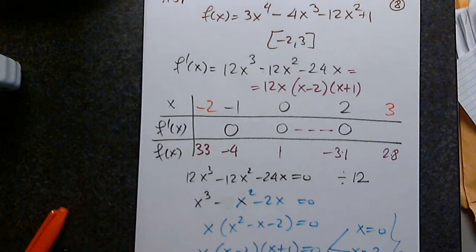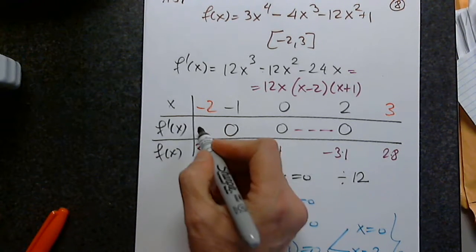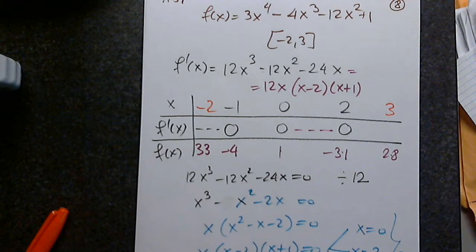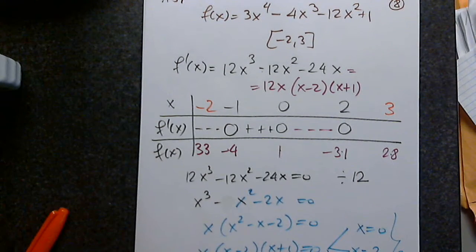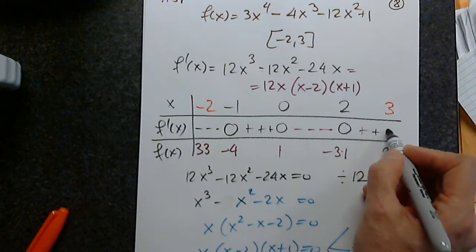Then I wanted negative 0.5. And I also wanted 2.5. So for negative 1.5, what is the sign of the derivative? That's all I care about. For negative 0.5, what is the sign of the derivative? And finally, between 2 and 3, at 2.5, the sign of the derivative is positive.